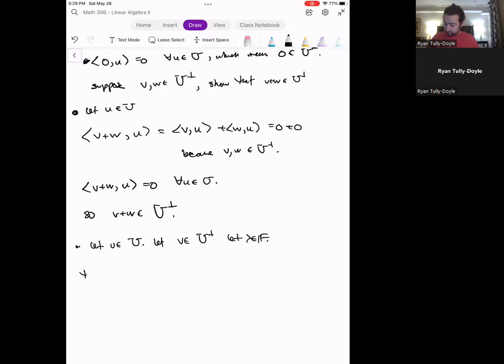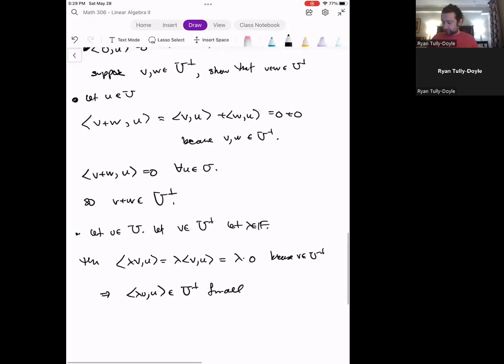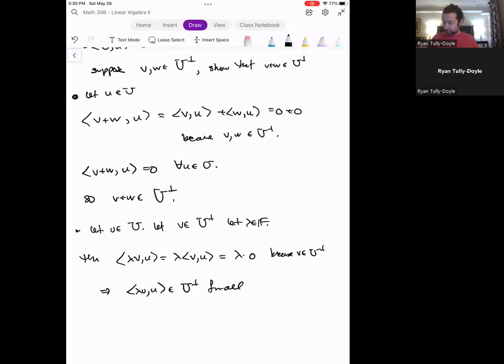Then lambda v, u is equal to lambda times the inner product of v and u, which is equal to lambda times the 0 vector because v is in U perp. And that implies that lambda v is in the perp of U, for all v in U perp.